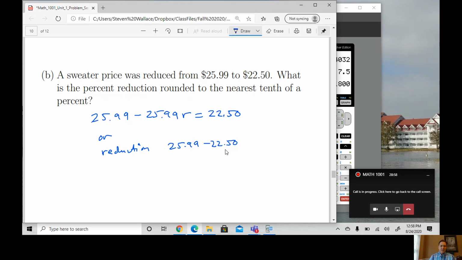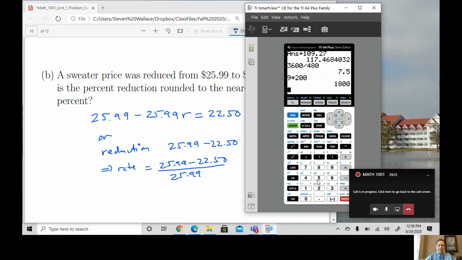And then the rate would be that divided by $25.99. And that's what we get if we had solved this equation anyway.